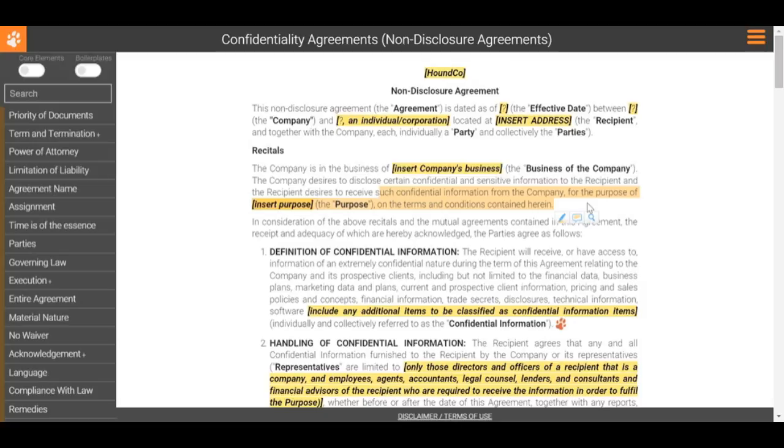This definition of purpose is important for a couple of reasons. One, it sets the consideration. And two, it sets the limitations. So quite often an agreement of this nature will state that the confidential information can only be used for that purpose.